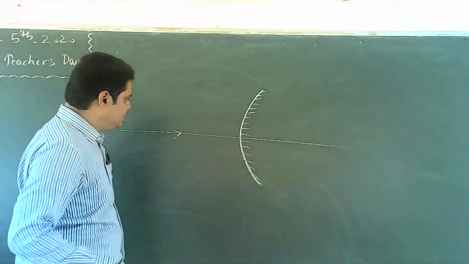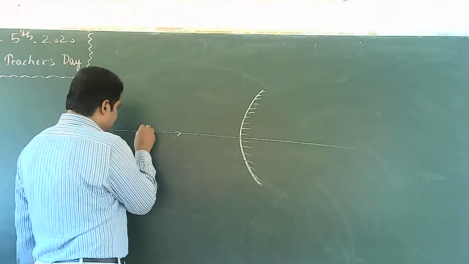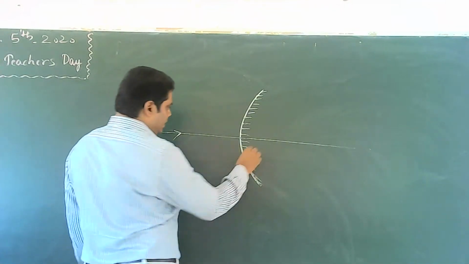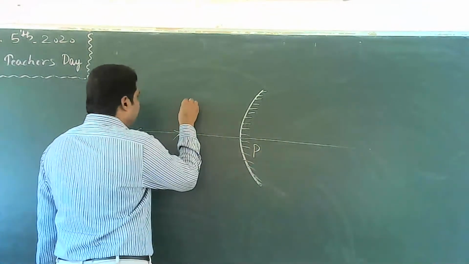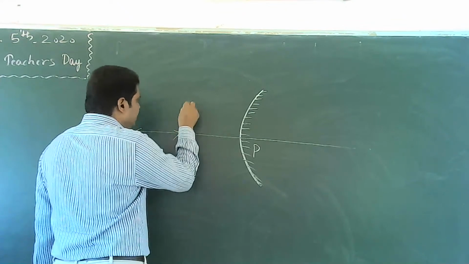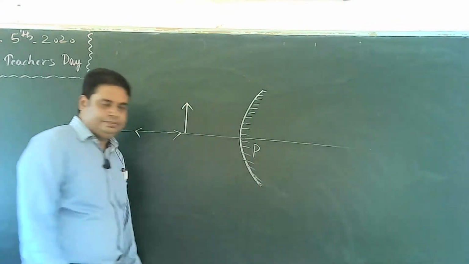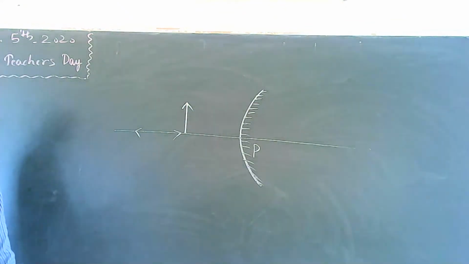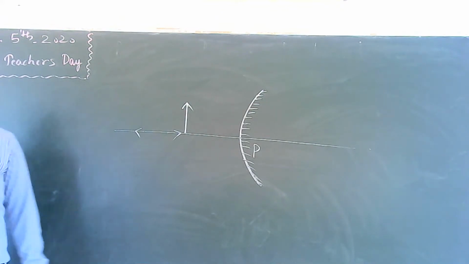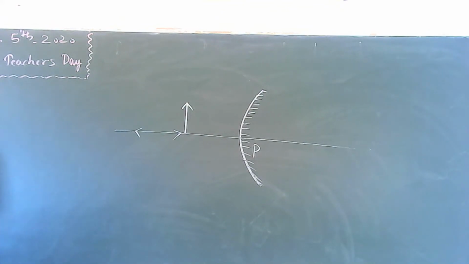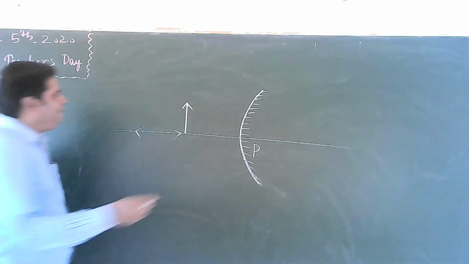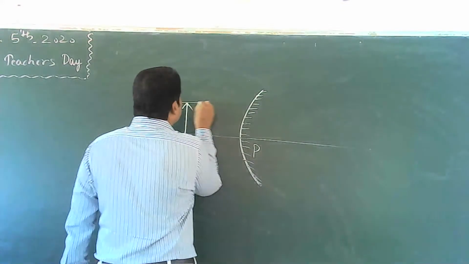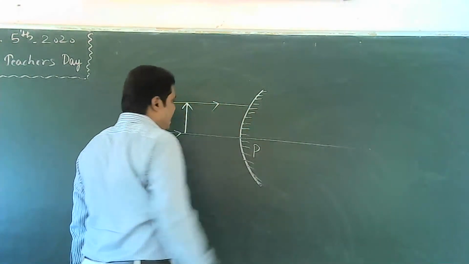A ray traveling along the principal axis will reflect back without any deviation. This is the pole. And imagine an object is placed somewhere here. Correct? Let me take the first ray like this.